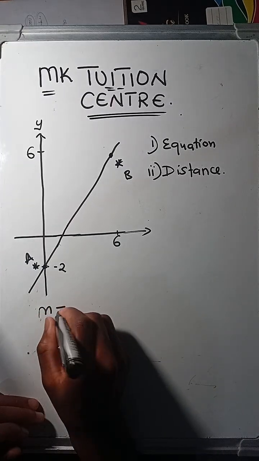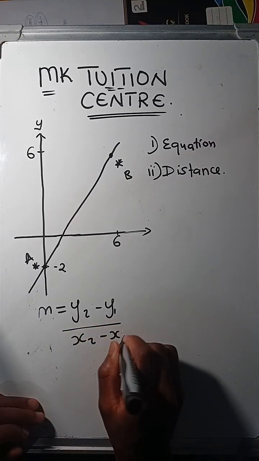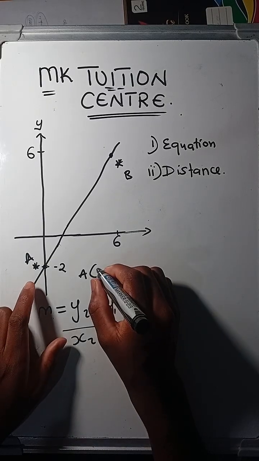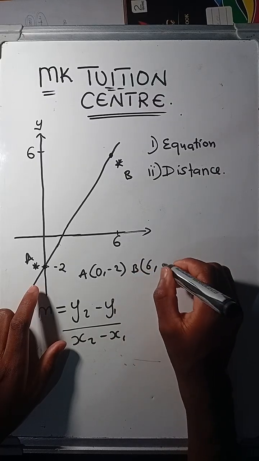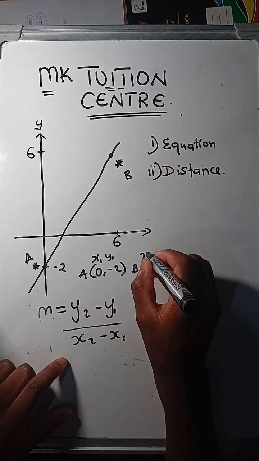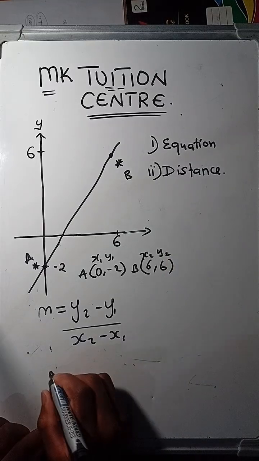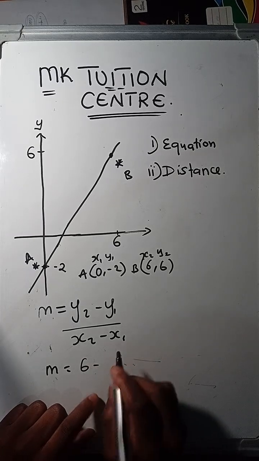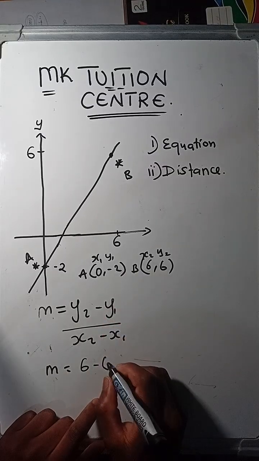So m will be equal to y2 minus y1 over x2 minus x1. Point A has coordinates (0, -2) and B has (6, 6). So this will be my x1, y1, x2 and y2. So m will be equal to y2, which is 6, minus y1, which is, so this negative is for the formula, and y1 itself has a negative.